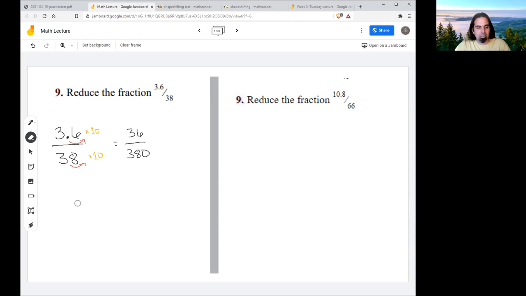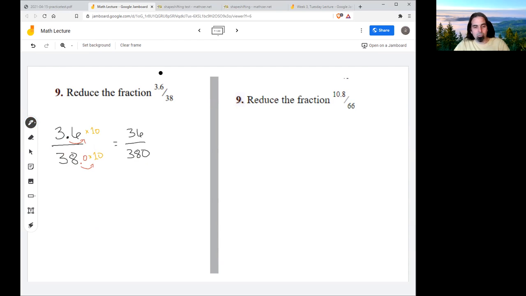I'll give you a hint. One of my arrows is bad. On the 38? Yeah, I need to start where the decimal actually is. I was making things match too much. So that's a 38.0. So that's where we get the 0 from for 380.